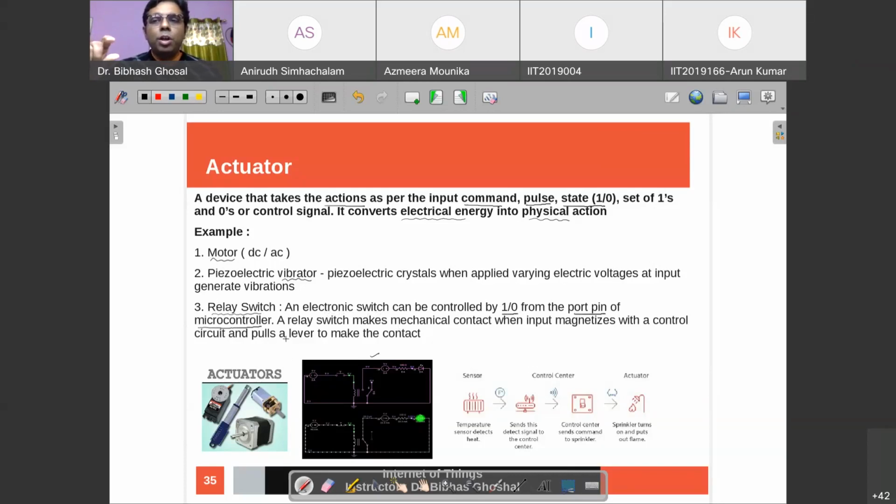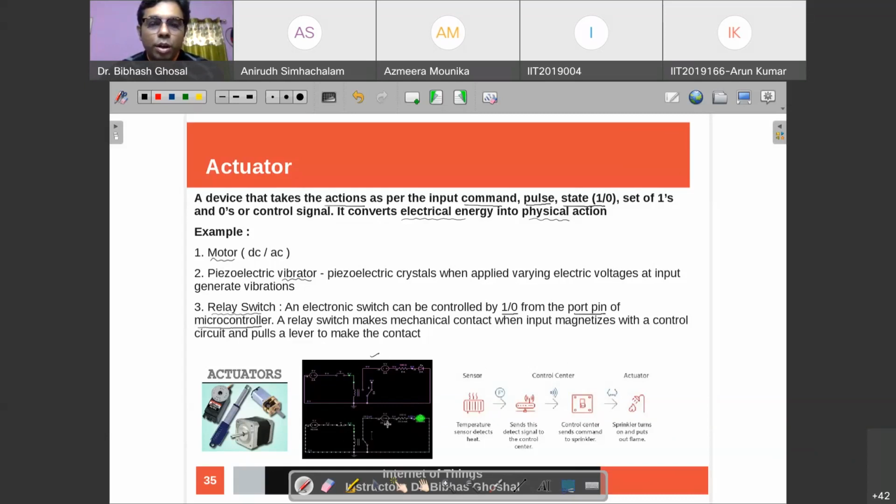Now, many times you need to switch on and switch off a circuit. So in that case, you prefer these, they're called relay switches. So let's talk about the operation. It's a switch which makes mechanical contact when the input magnetizes, as you see here. So when you have this as the input and you have a magnetic coil here, this blue pink line that you see here, when the input magnetizes, there's a pull involved in that.